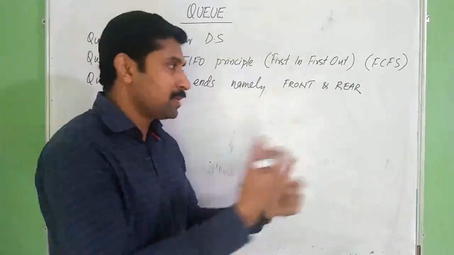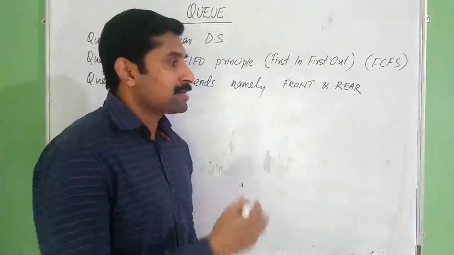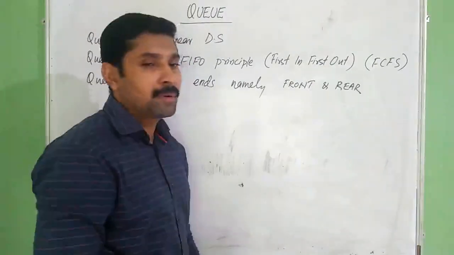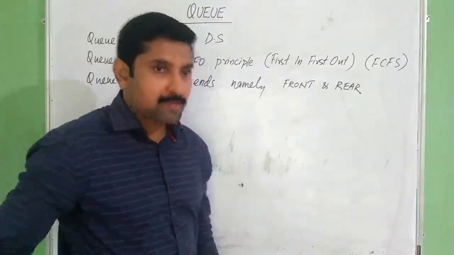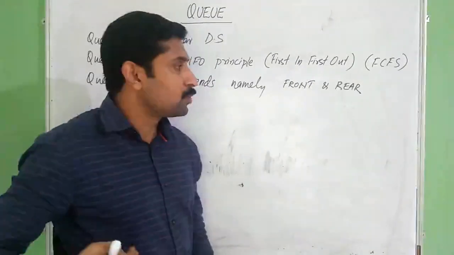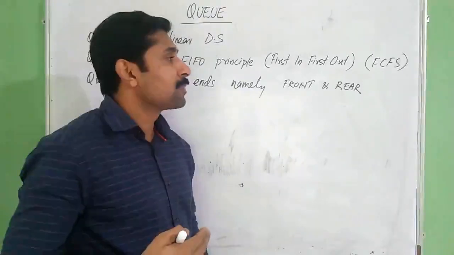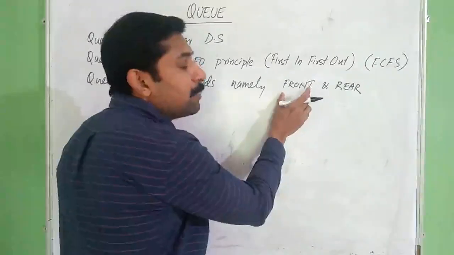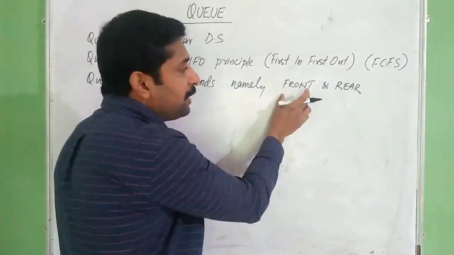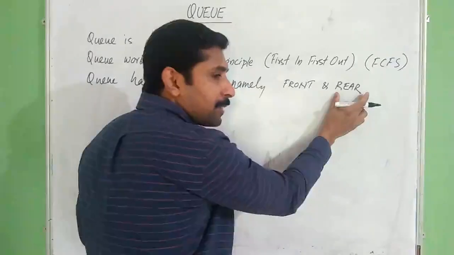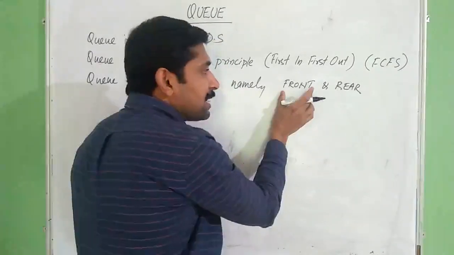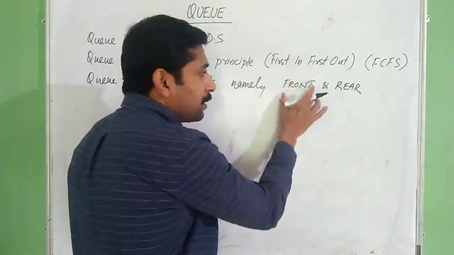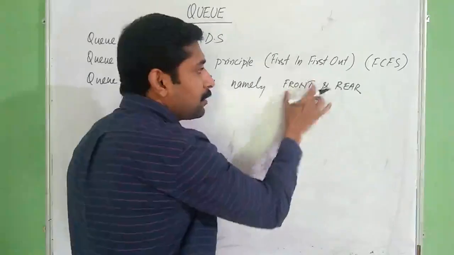If you observe a queue, you can see the service goes to the person at the front of the queue, and the person in the last part of the queue will get service at the end. So in a queue, the item will be added to the rear end, and service will be provided, or deletion will be done, from the front end.